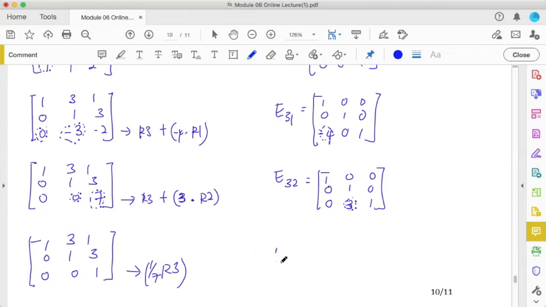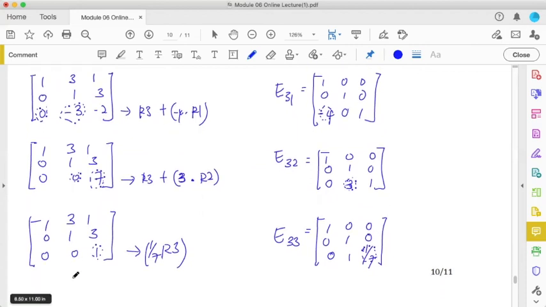And as for the elementary matrix at this particular position, which is row 3 and column 3, you need to change the coefficient to become 1 over 7. The rest, you just write it back according to the standard form.